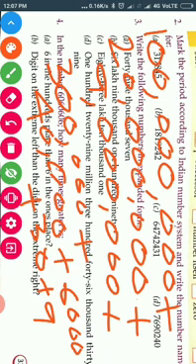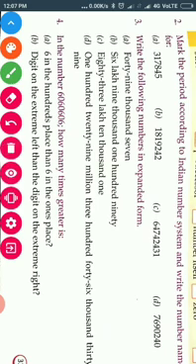Okay, this is the expanded form of this number. So this type you write in your copy. Okay, the next question I'll see.